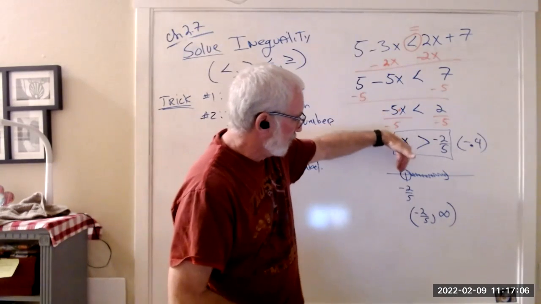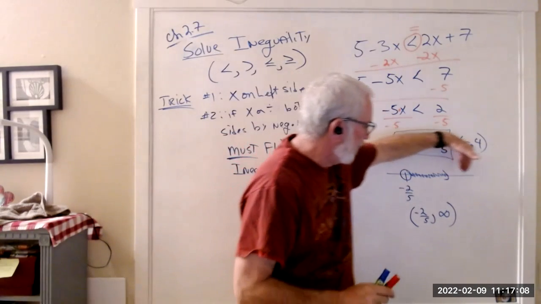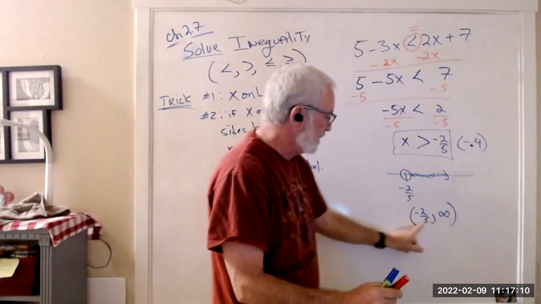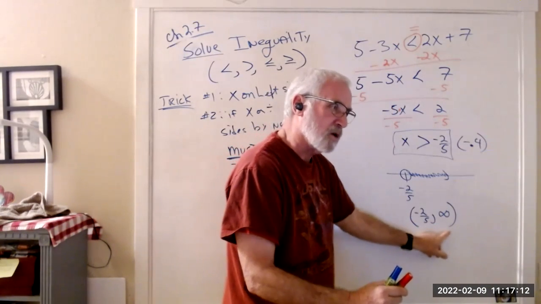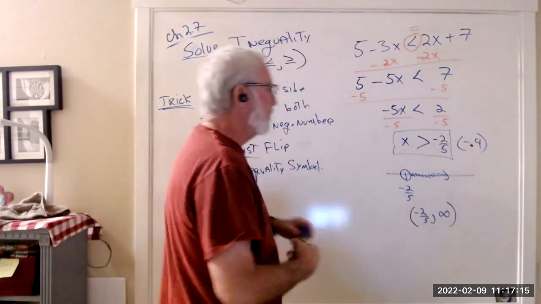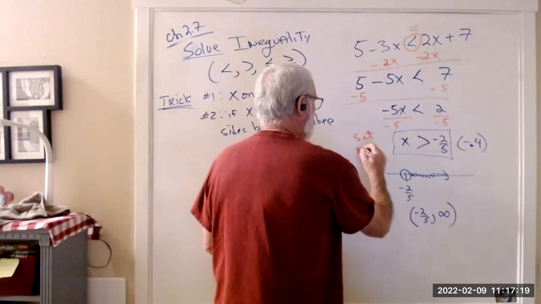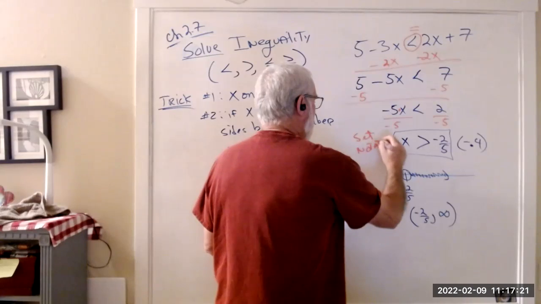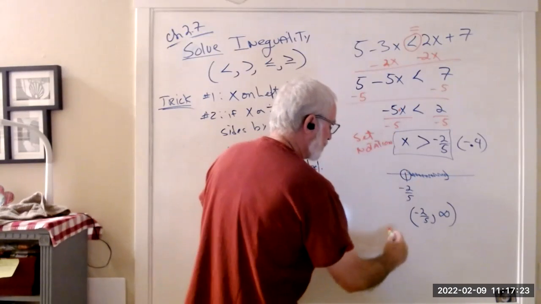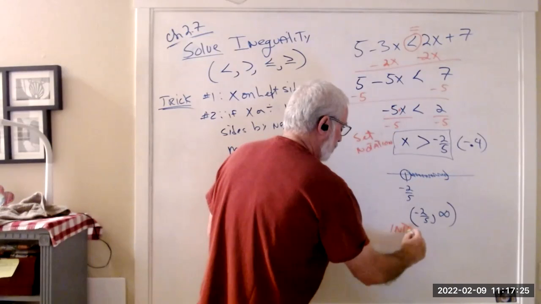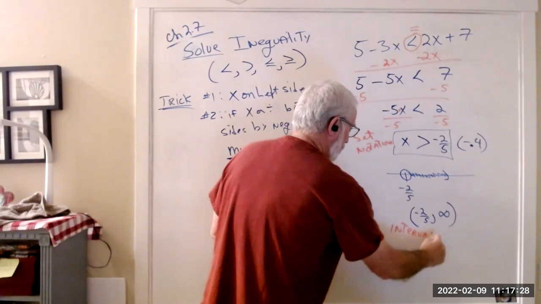You see I'm starting at negative 2/5 and I'm shading towards infinity. That's exactly what interval notation is. So up here, this was called set notation. This is called interval notation.